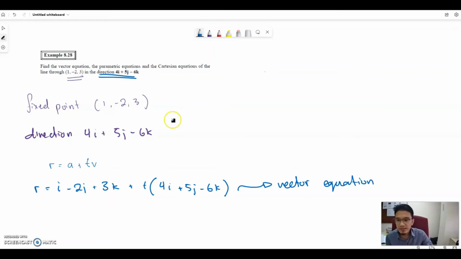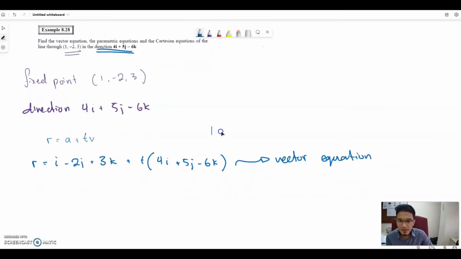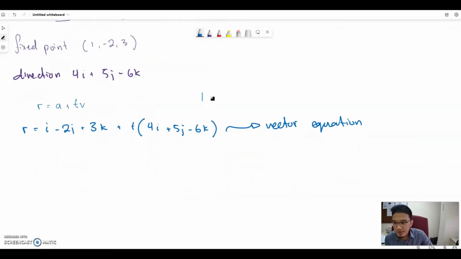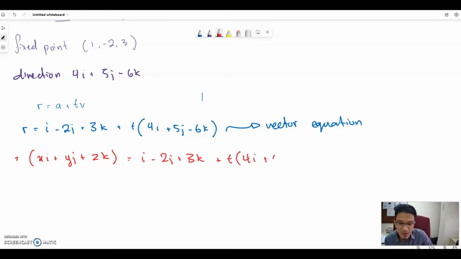Then we have to find the parametric equations. To find the parametric equations, firstly we have to expand the vector r. Vector r is xi plus yj plus zk, equal to i minus 2j plus 3k plus t times the direction vector.